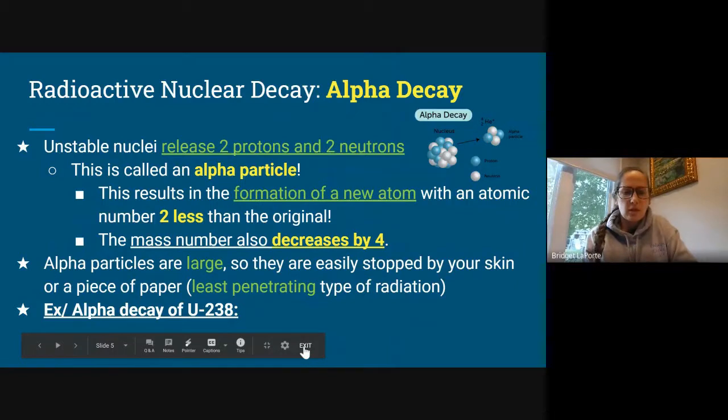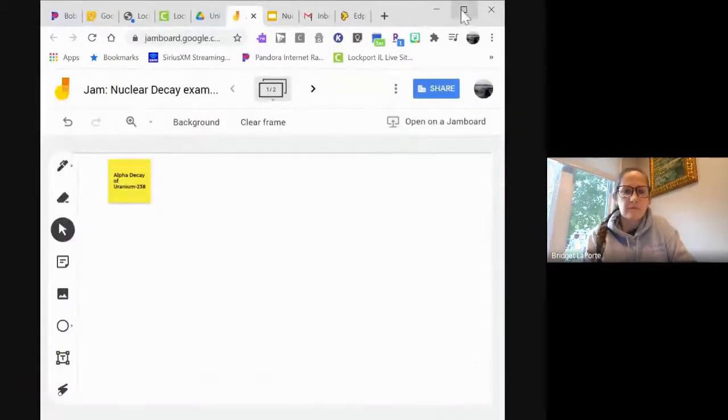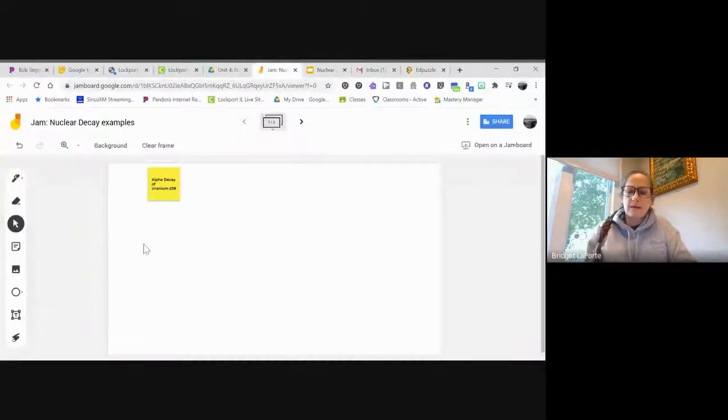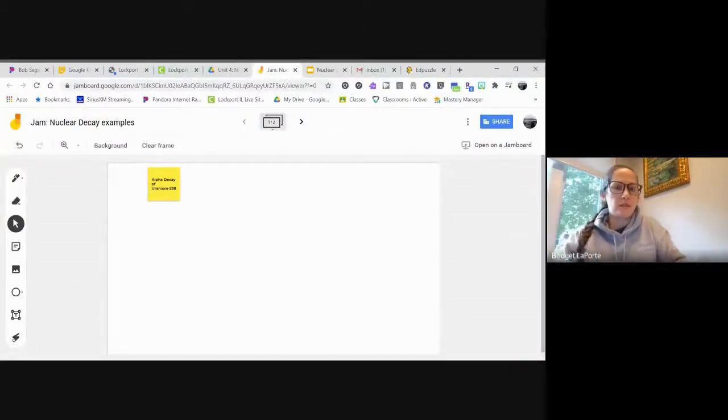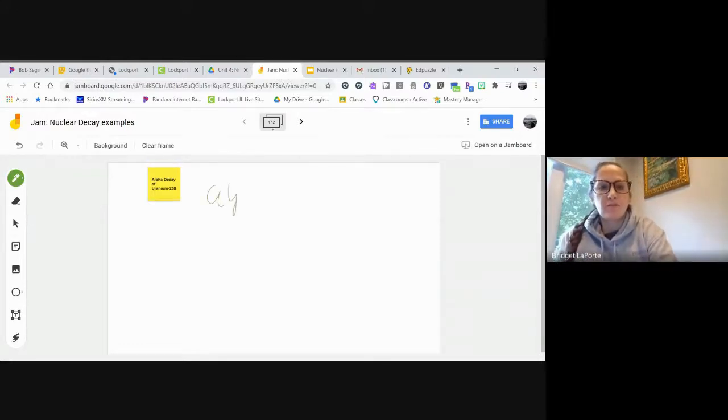All right, and so let's take a look at what alpha decay looks like. And we are going to just kind of walk through. You saw some instructions there about how alpha decay happens. So alpha is 2 protons and 2 neutrons.